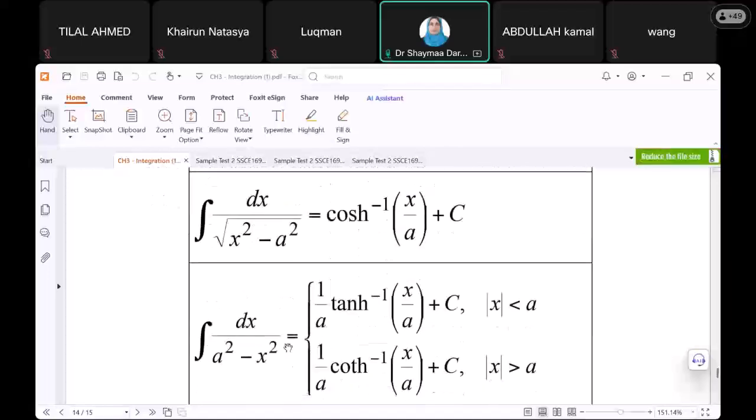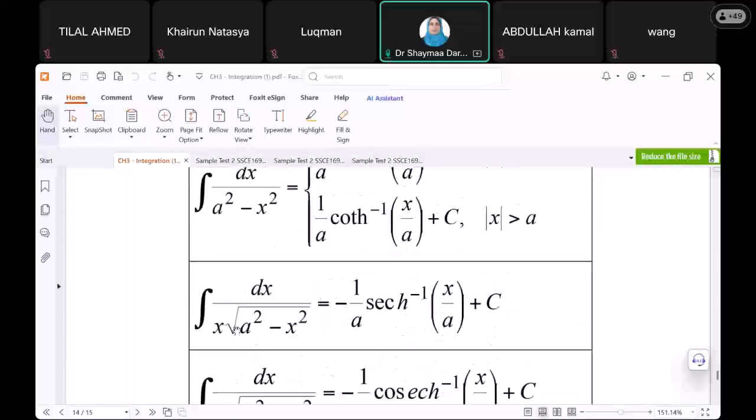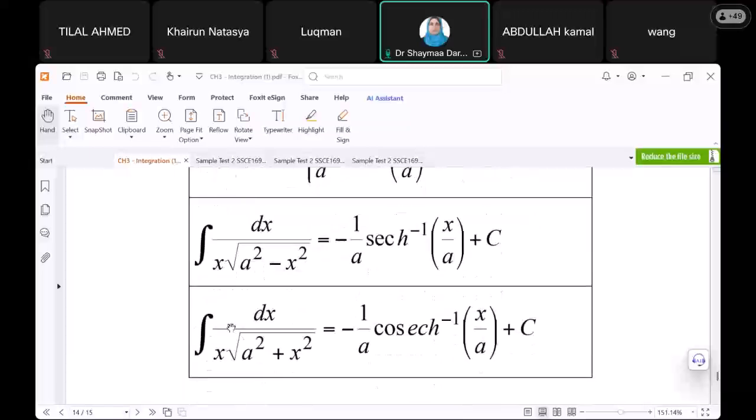If you have 1 over a square minus x square without the square root, then you have tangent inverse or cos inverse, depending on the modulus of x. If you have x outside, multiplied by the square root of a square minus x square, you have sec inverse. This is the integration of sec inverse. This is the formula of integration of cosec inverse.